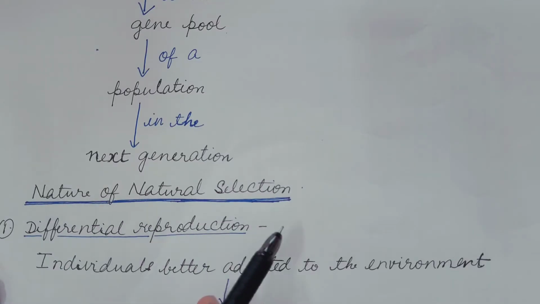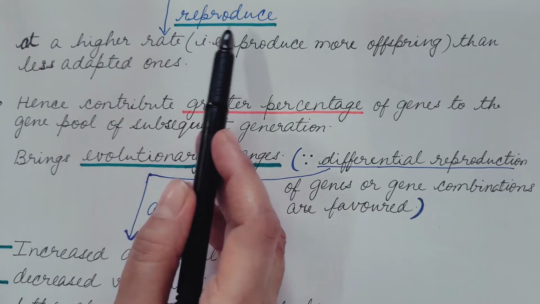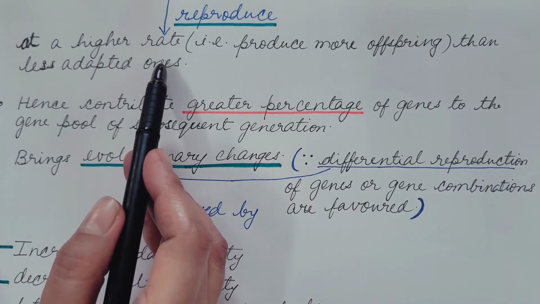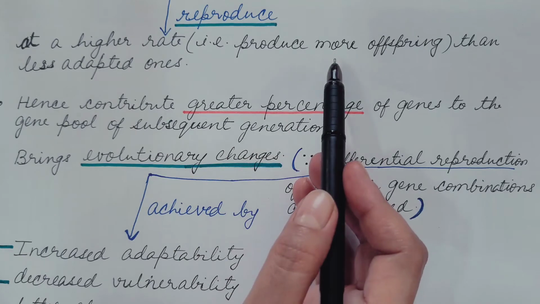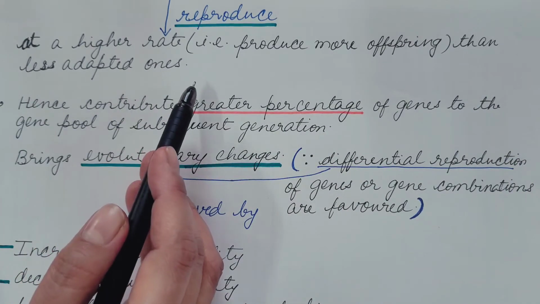Nature of natural selection. First is differential reproduction. It means individuals better adapted to the environment reproduce at a higher rate, that is, produce more offspring compared to the less adapted ones.